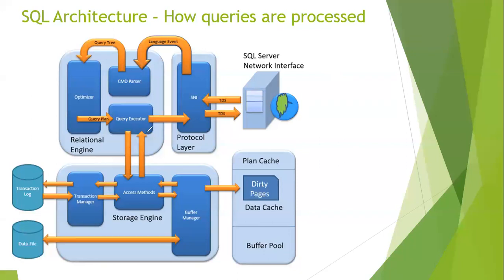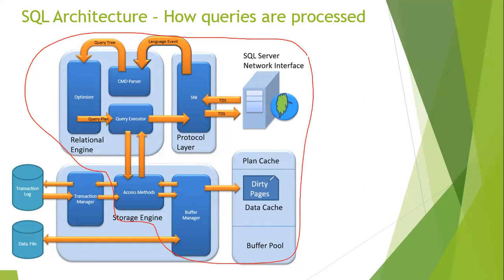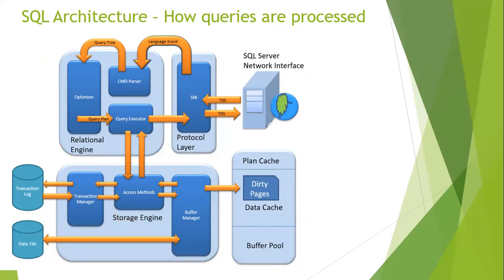Let's say you are doing some modifications, whatever it is. If you are doing any modification, insert, update, delete, whatever you consider, the behavior is the same until this piece. So what does it mean? It needs some data, or it has to update, or it has to do some modification.